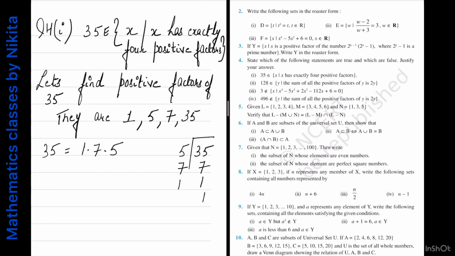So that means the positive factors of 35 are 1, 7, 5, and then 35 itself. And you can see that there are exactly 4 positive factors. So hence the given statement is true. Therefore I will write the given statement is true.